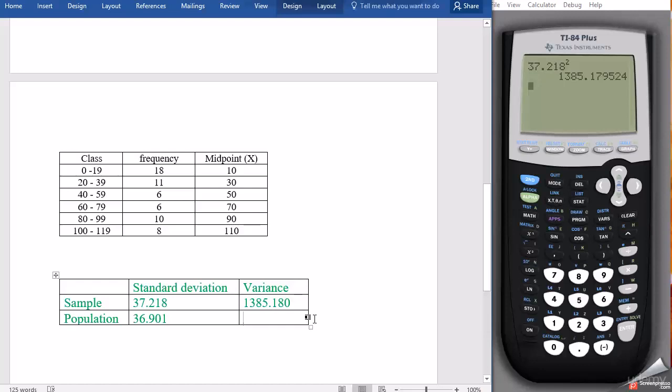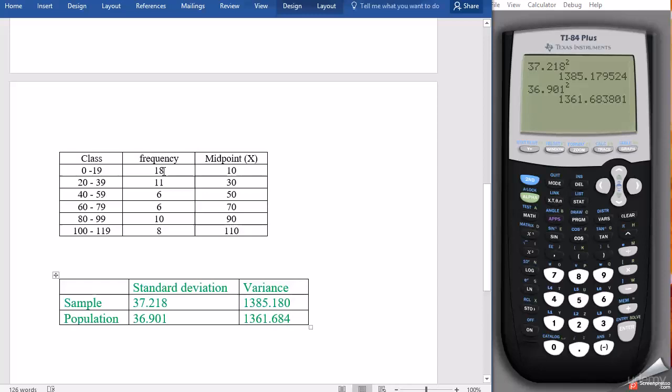And then for the population variance, we do the same thing: 36.901 squared. That gives us 1361.66884.